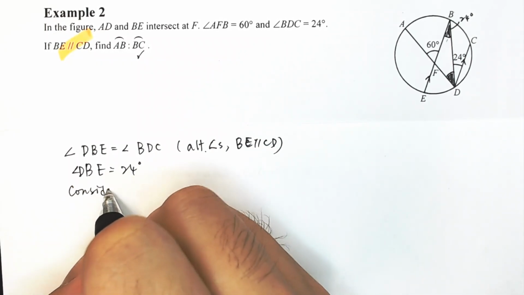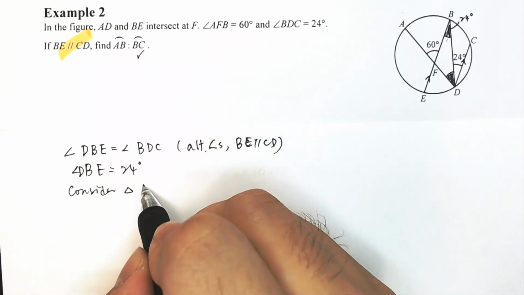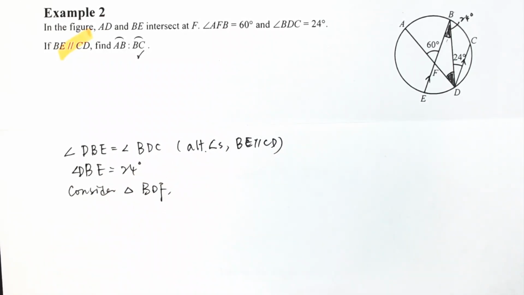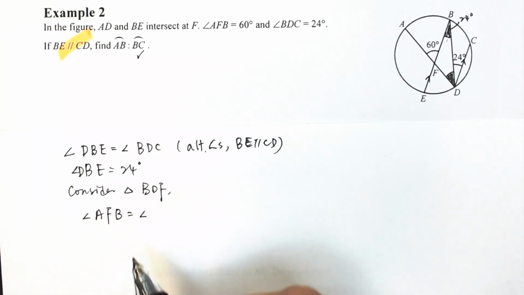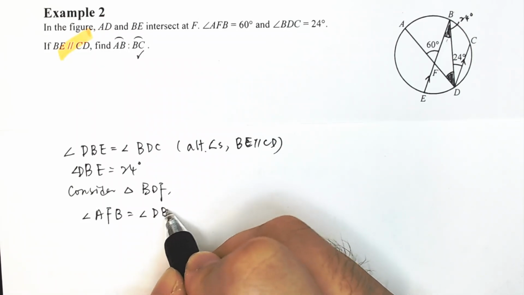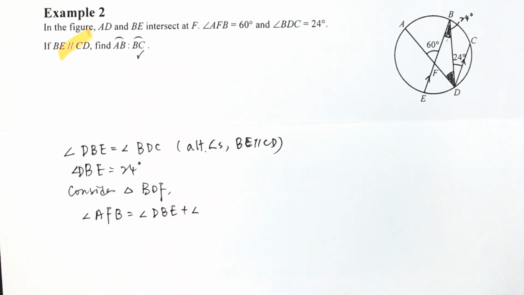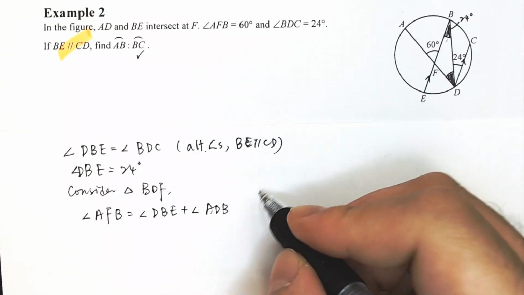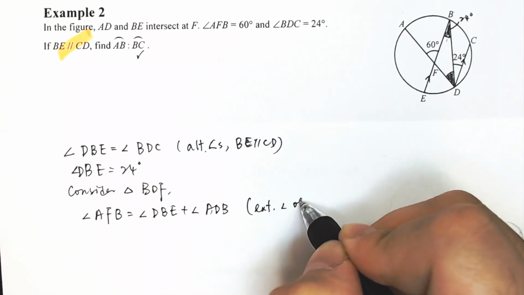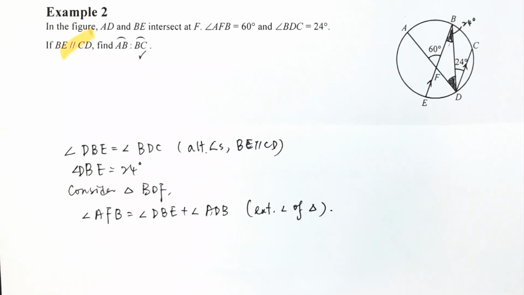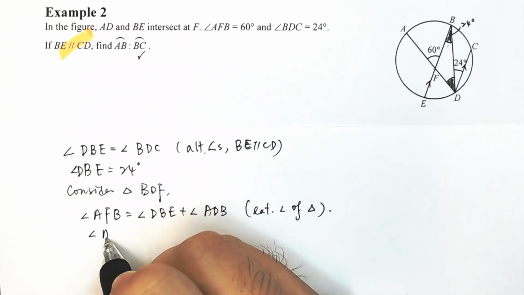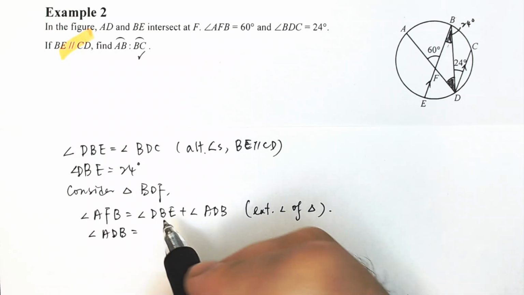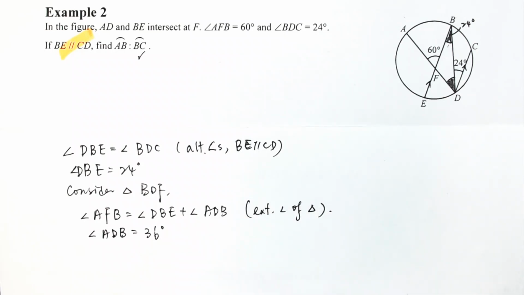And we consider triangle BDF, that angle AFB is the sum of angle DBE plus angle ADB, exterior angle of triangle. Then you can find angle ADB is 36 degrees.